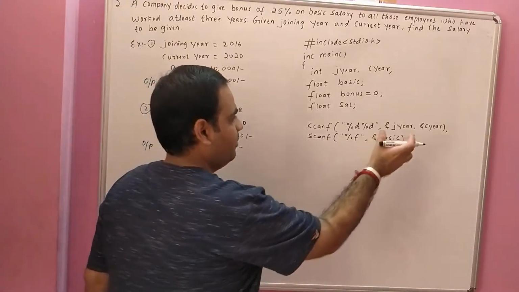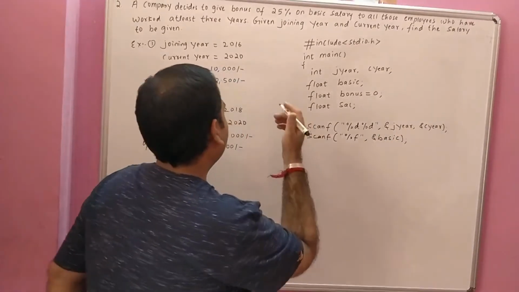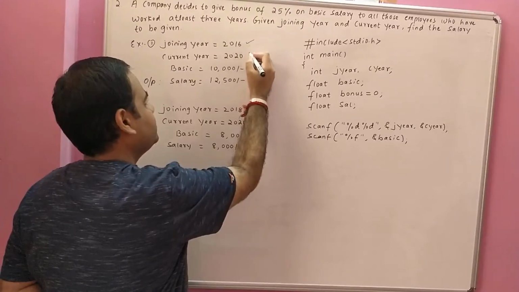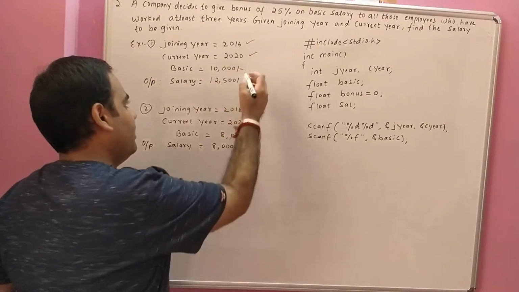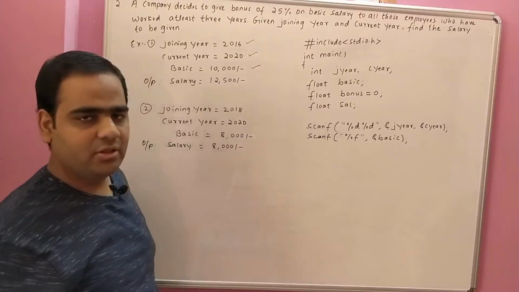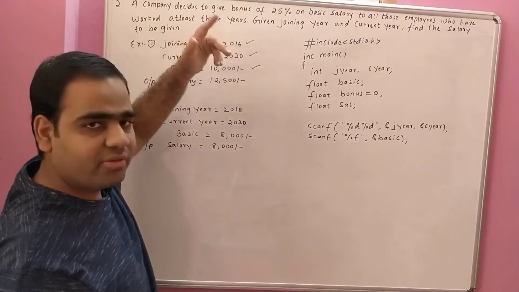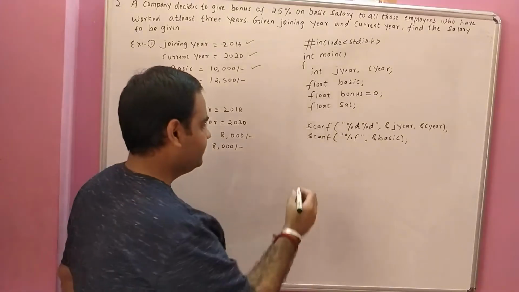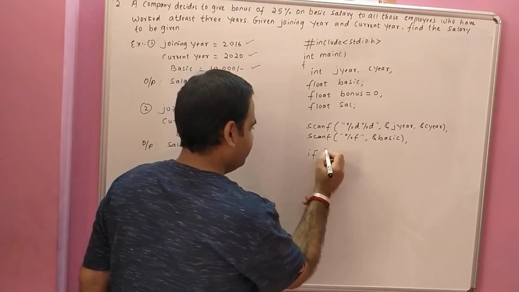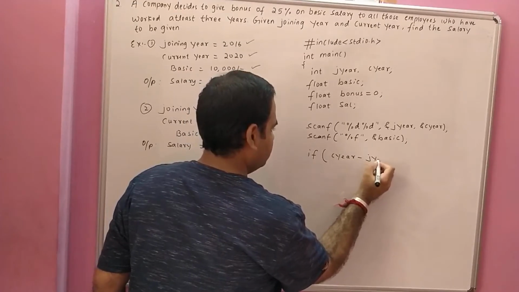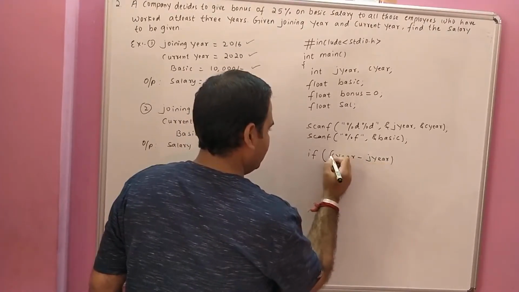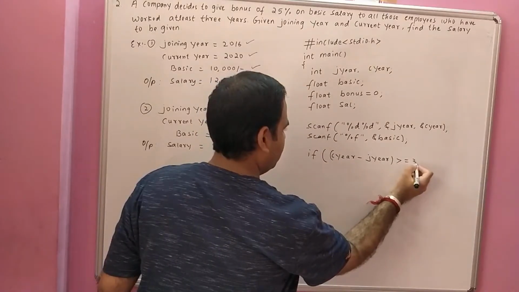Now let's compute. Let us assume that the joining year, J year, is 2016 and the current year is 2020. And also assume that the basic is 10,000. Let us compute the years of service. How do we do it? We say if current year minus joining year is greater than or equal to 3.